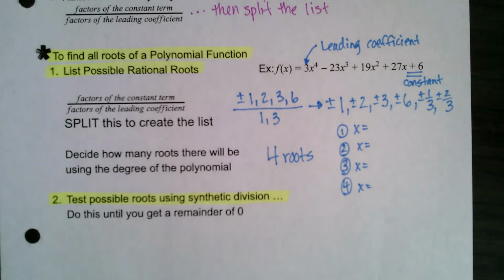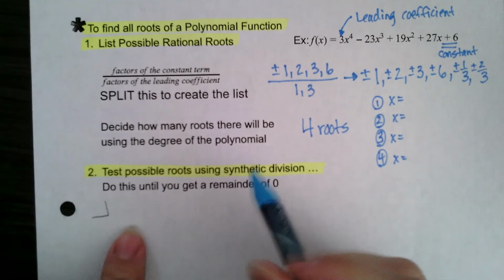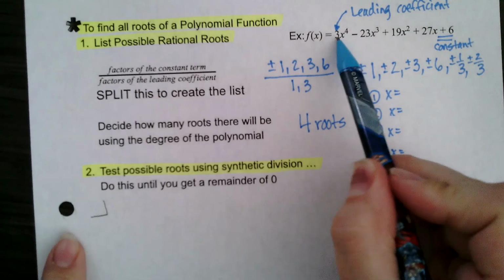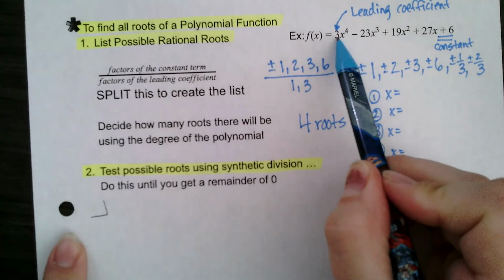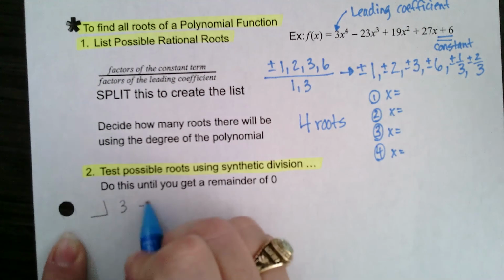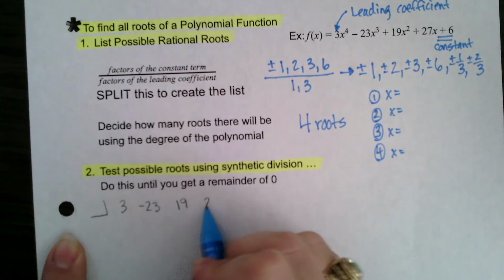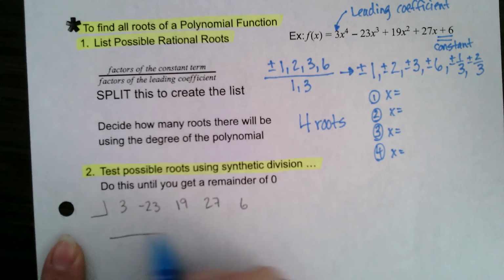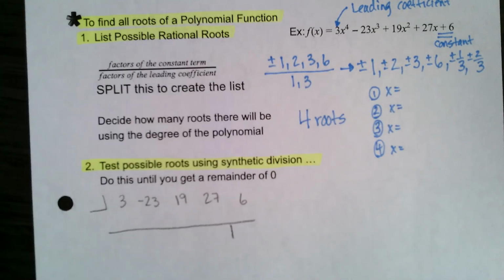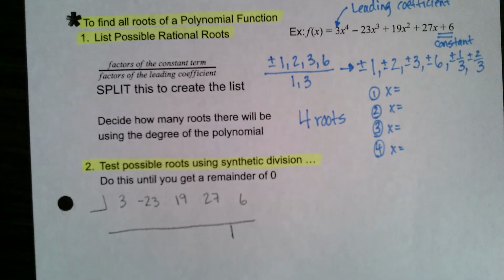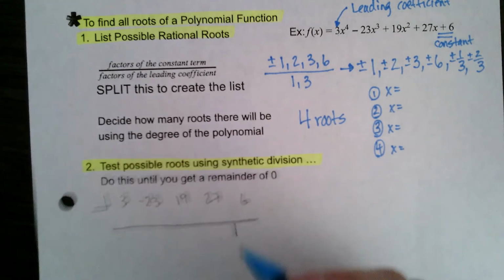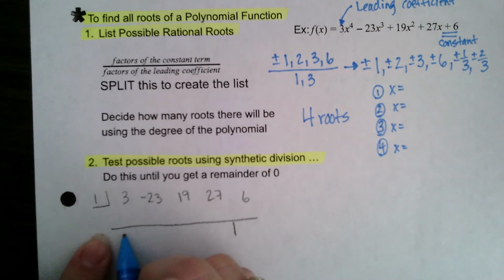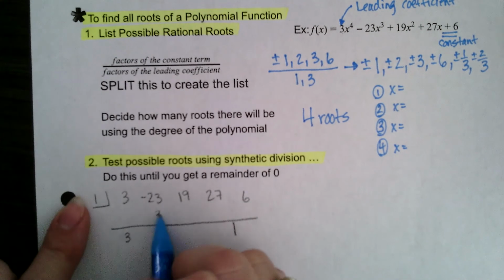So what we're going to do for this process is pick a number to test using our function. We'll use synthetic division because it's faster. So we'll do 3, negative 23, 19, 27, and 6. And what I'm trying to do is get a remainder of 0. So I'll try 1. 3 drops down. 3 times 1 will be 3.